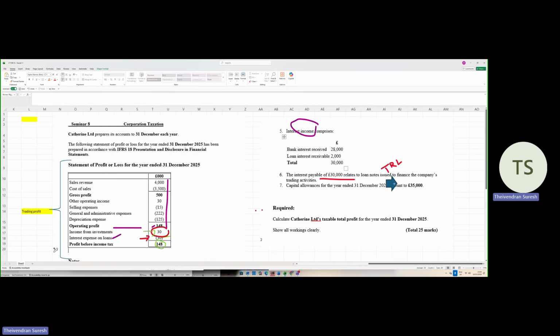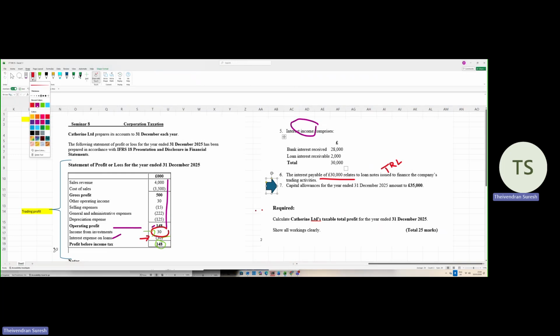So the final amount here is the capital allowances. Capital allowances are allowable expenses. Capital allowances mean tax depreciation. When the tax authorities give us capital allowances, they would not allow us the accounting depreciation. You can see from here, we have deducted the accounting depreciation as 125.